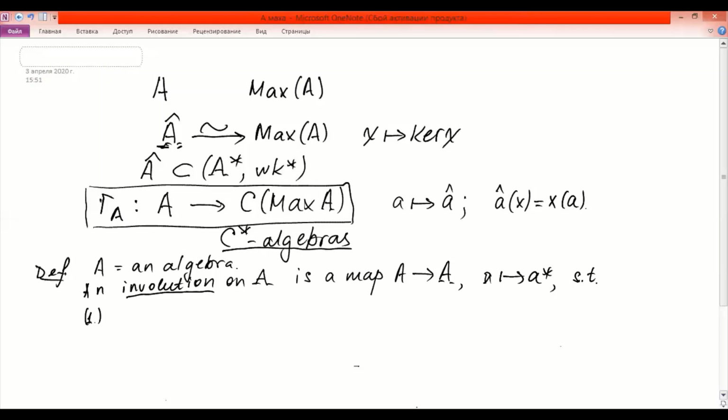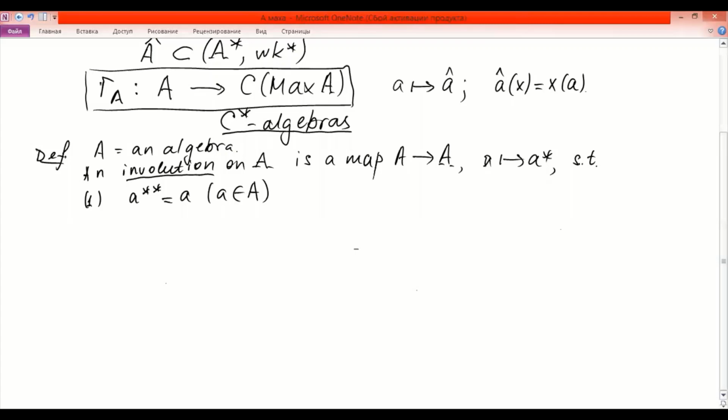That is, if we apply it twice, then we get the identity map on A. Second, our map is antilinear.